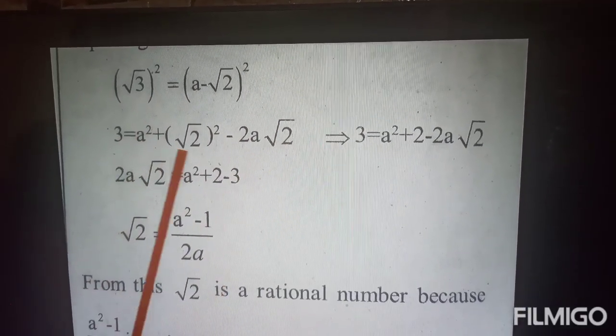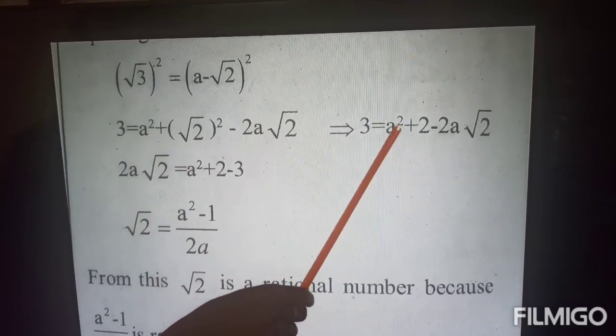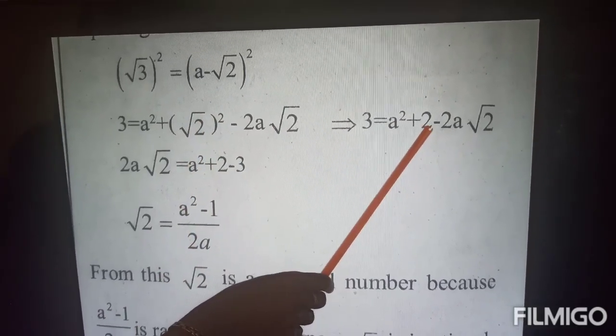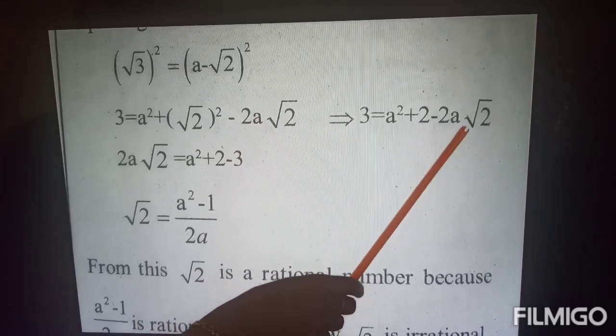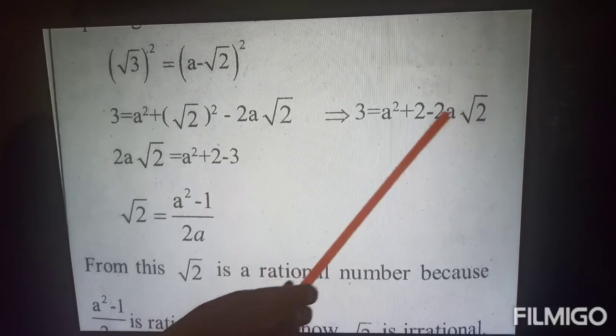I expanded. Then we have to simplify. This implies a square as it is, and root and square cancel, so this becomes only 2. Then 2 minus 2a root 2.